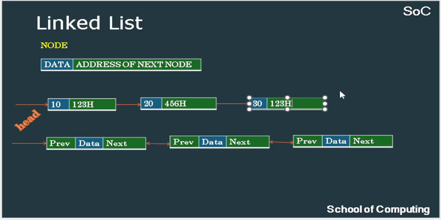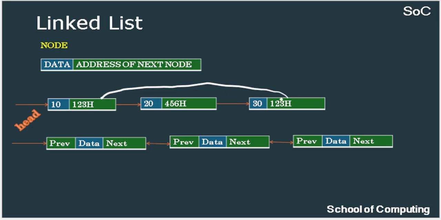Friends, for example, if I replace this null with 123H, what do you mean by this? It means I am able to connect from the last node to the first node again. So it forms a circle.